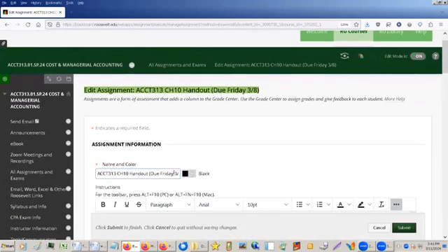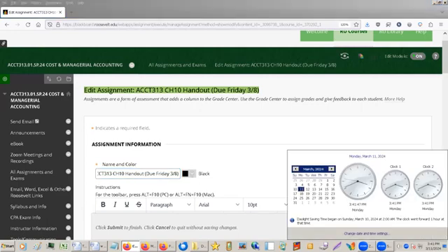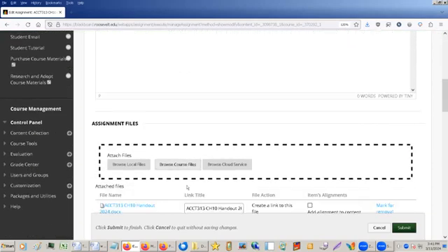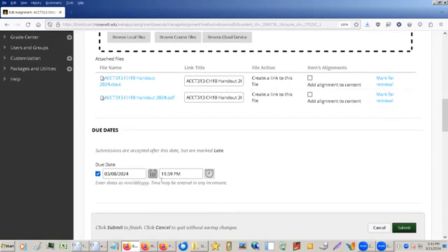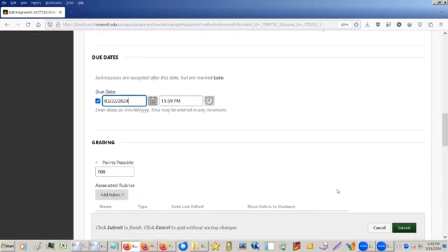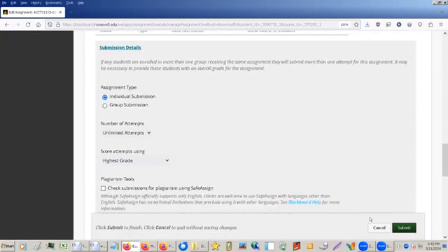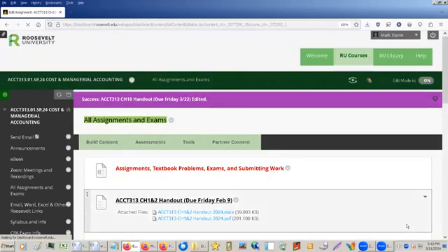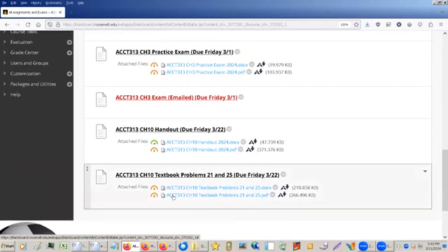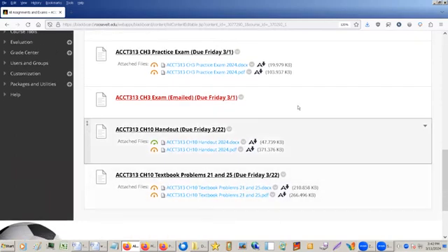The handout will not be due the 8th. This handout will be due the 22nd. Okay, let's change that to the 22nd. So don't turn in the chapter 10 handout yet. When we finish it, we'll turn it in, but you can turn in the textbook problems, 21 and 25.